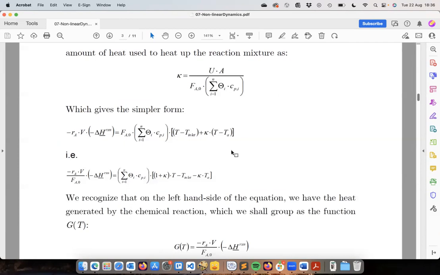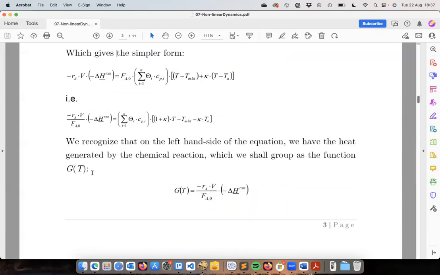Okay, now that is our energy balance. And if we look at this balance and think about the meaning of the terms here, we can see on this side of the equation, the heat of reaction and the reaction rate. So this is the thermal energy that the reaction evolves, right? And I'm trying to avoid the term generate. Unfortunately, we do use a big G for generate and an R for remove.